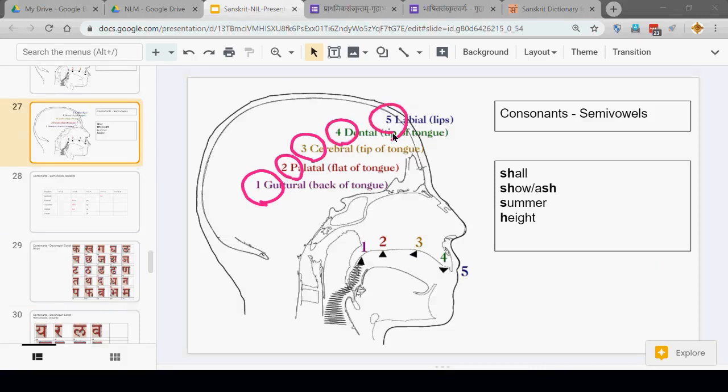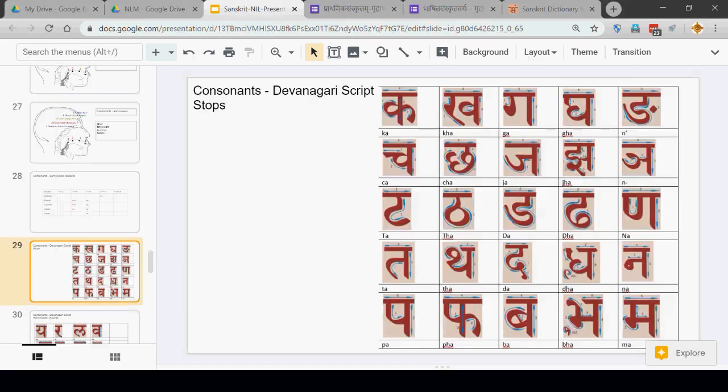Fifth line, labial position. Looking at the lines here, you see the sounds Ka, Kha, Ga, Gha, Nga. They have the guttural position, the back of the tongue pressing against the back of the throat. Then the second line, the top of the tongue pressing the palatal position.